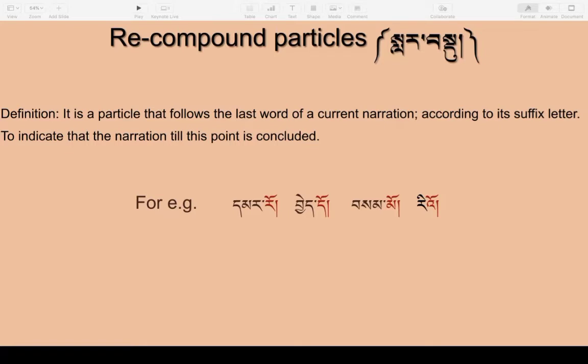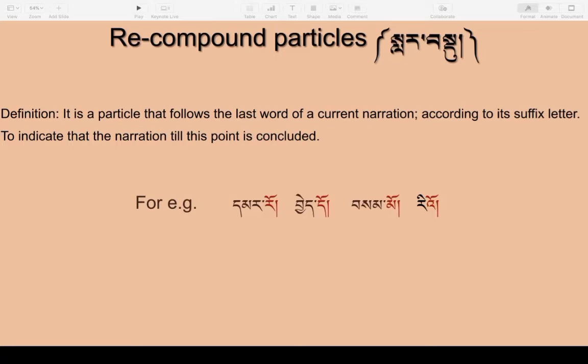In that moment, they're narrating something. So if they're talking in Tibetan, and at the end they conclude everything they have said from the beginning to this point, they use the recompound particles.